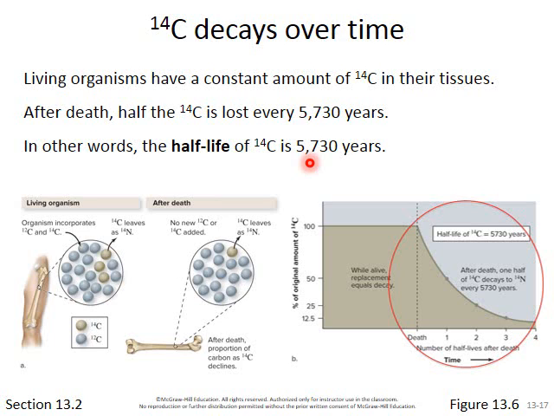And so this is a way of looking at how old these fossils are. Now, if a fossil is 1,000,000 years old, you might want to use another molecule other than carbon 14, because that would be so many half-lives. It would be a really small amount.